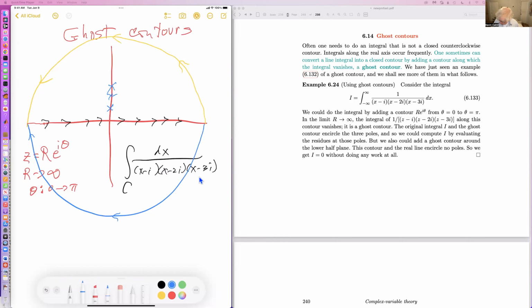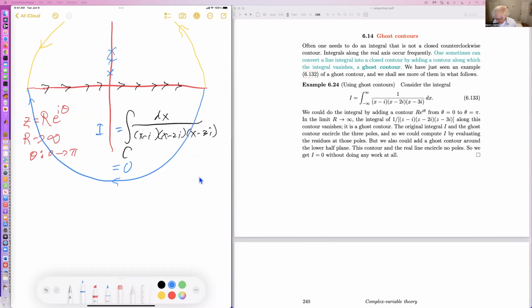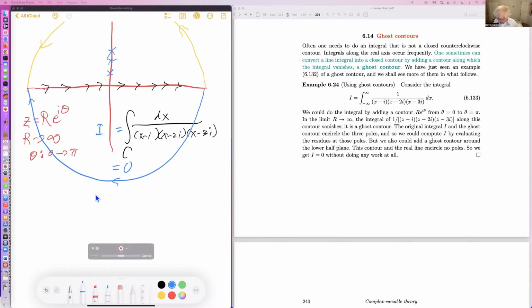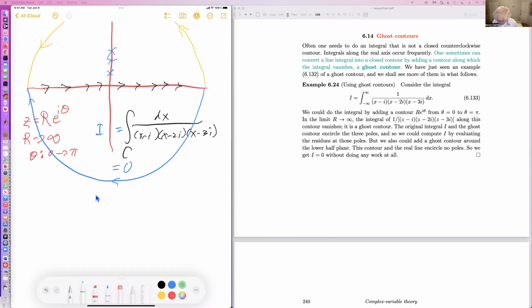So this integral I equals, in fact, 0. So that's the answer. You might say, well, that's really strange, because if we do it the first way, we pick up 3 poles. Namely, we pick up this pole, that pole, and that pole. And would they really add up to 0? Well, yes.